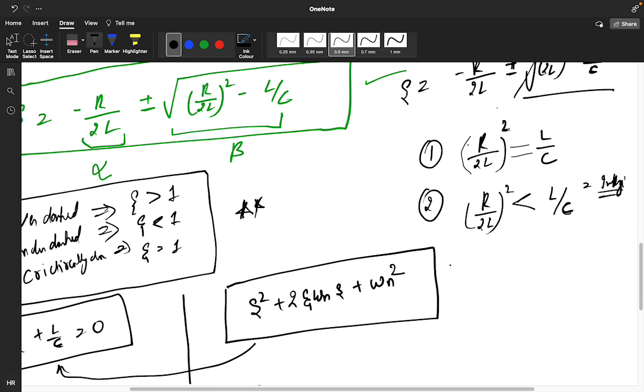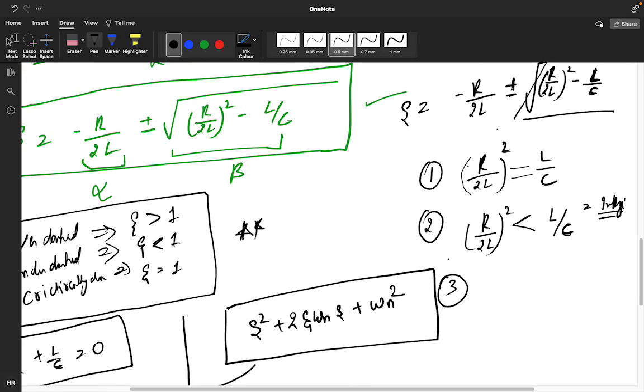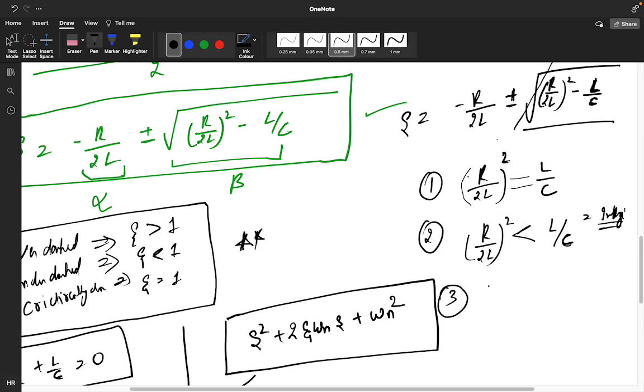And when it comes positive, when (R by 2L) the whole square value is greater than L by C.